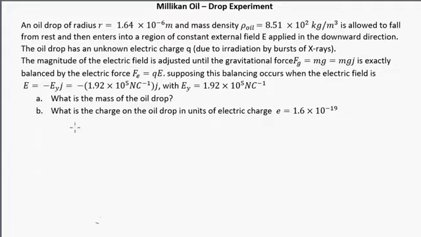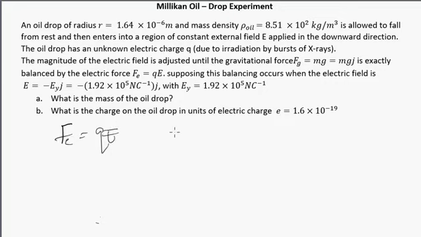Alright, so the next question says, what is the charge on the oil drop in units of electric charge? E equals 1.6 times 10 to the power of -19. So to get the charge, we can have that from here. F, that's the force, is equal to the charge times the electric field.